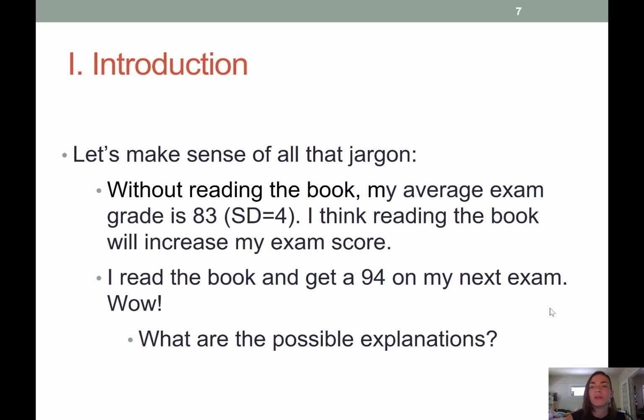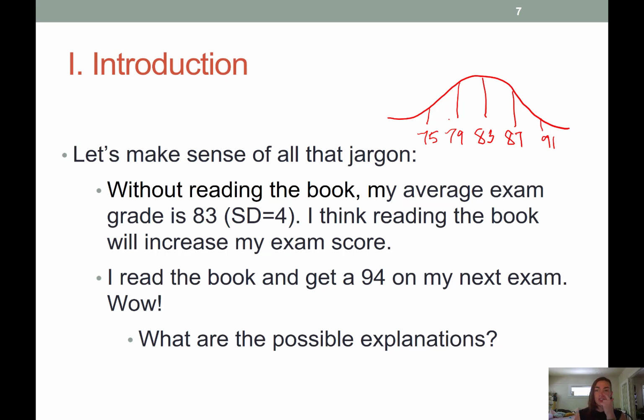So in other words, we could imagine my distribution of test scores, average of 83. It may range to 1 standard deviation above, 87, maybe even 91. Over here, 1 standard deviation below my average score, or 2 standard deviations below my average score, would be 75.